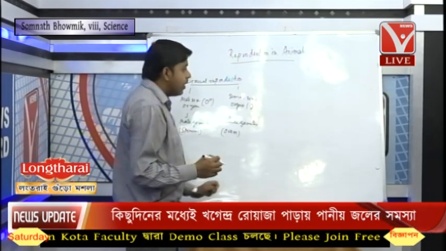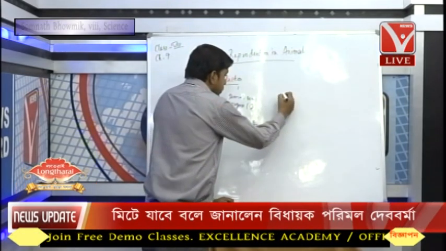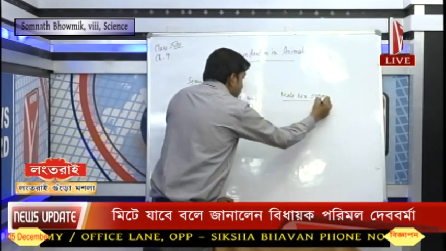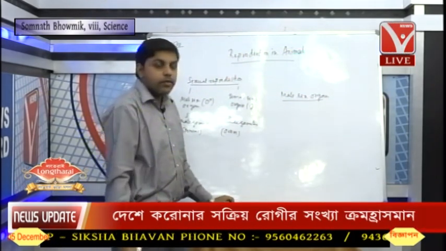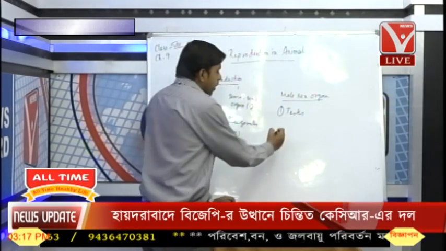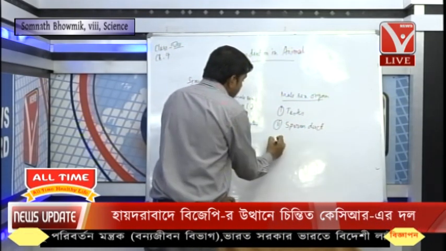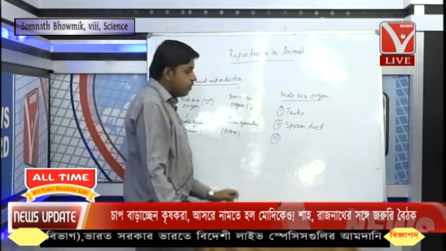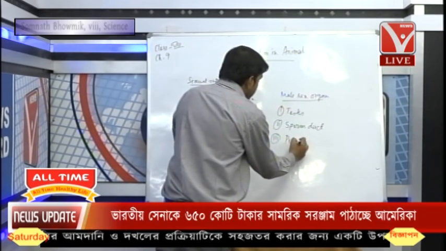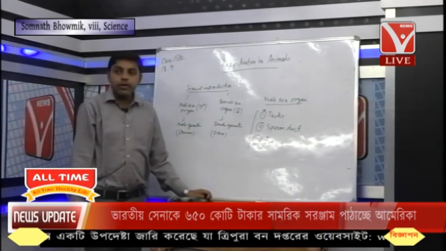The male sex organ, in case of a human, consists of the testes, the sperm duct, and the penis. These are the three things that the male sex organ contains.